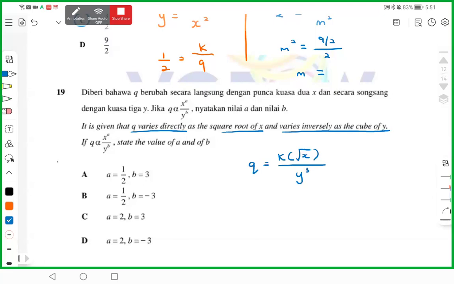So if q is given, it's written like this. What does this mean? It's changed to indices form. So it relates a little bit of knowledge about indices form. If it's square root, when you change to indices form, it will be power to what?